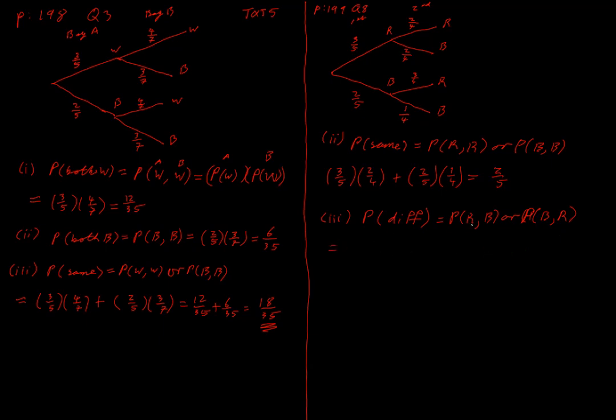So probability of getting a red the first time is 3/5, and then we'd have to get a blue the second time, which is 2/4. Or means plus. Probability of getting a blue the first time is 2/5. Then getting a red the second time, 3/4. So we get 3/5.